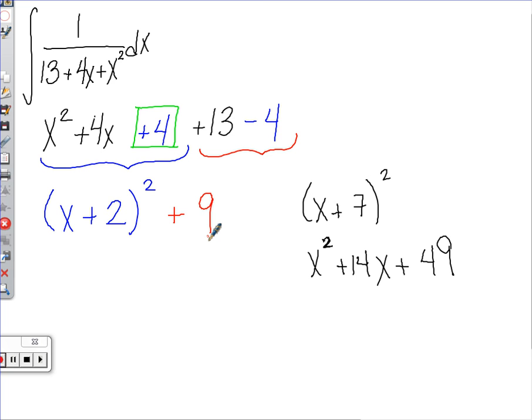Getting mad yet? Now I'm going to put it back in my integral. And I'm going to put it back 9 plus x plus 2 squared. And we know what to do from here.